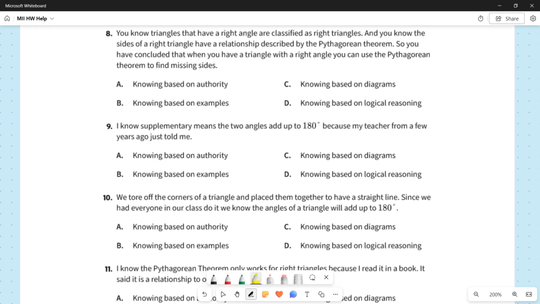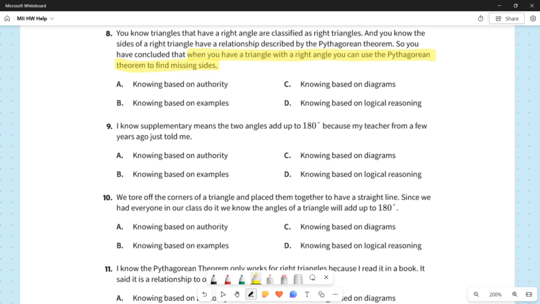In this context, the thing that we know is when you have a triangle with a right angle, you can use the Pythagorean theorem to find missing sides. How do we know that? Notice that in this example for 8, we build up to it, right?